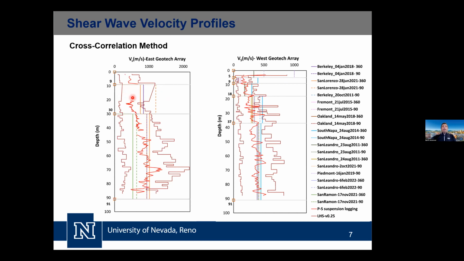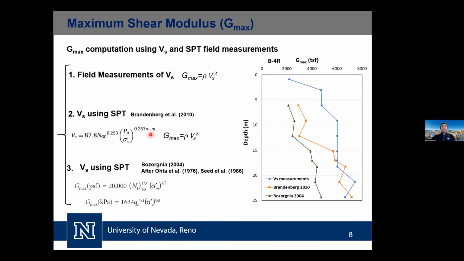You see that, for example, here for the East array. And as you notice, the back-calculated VS profiles are in agreement with the PS suspension logging data. Of course, these back-calculated ones do not have as high resolution as the PS suspension logging, but we were very pleased with how the results came out.